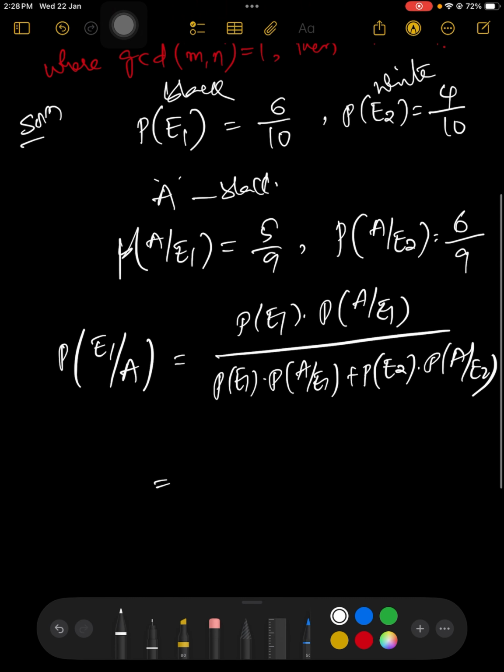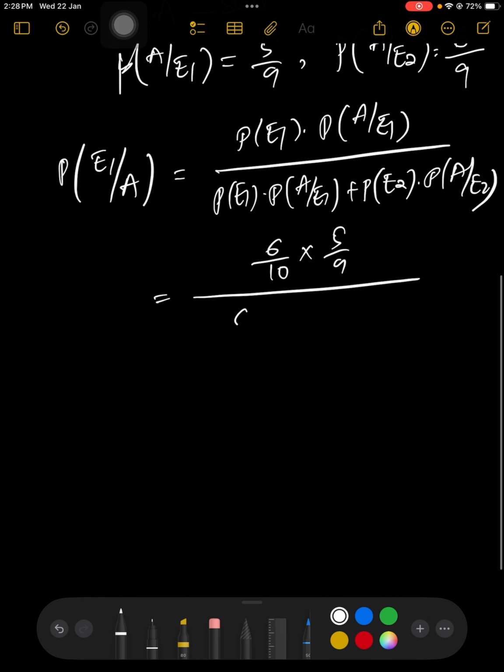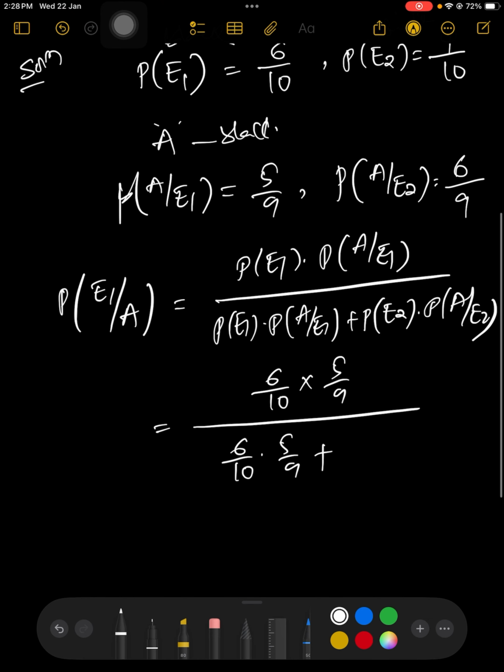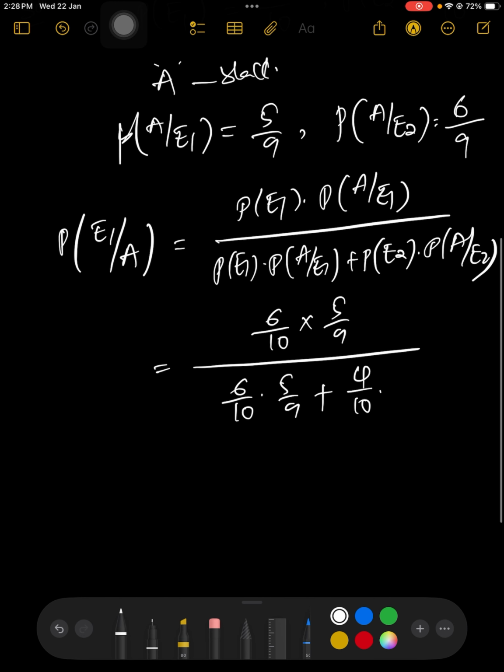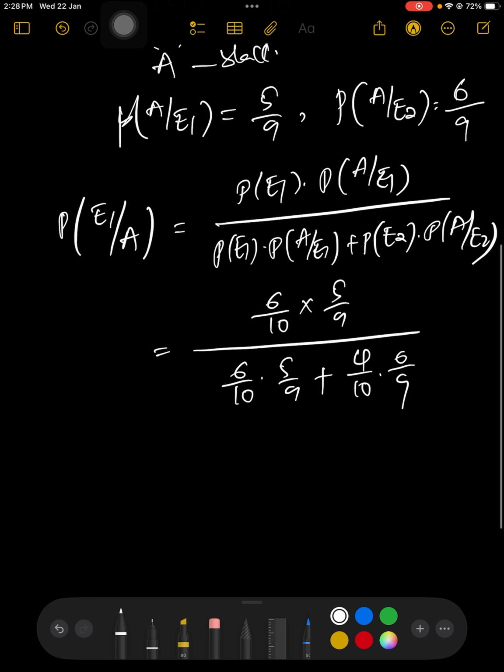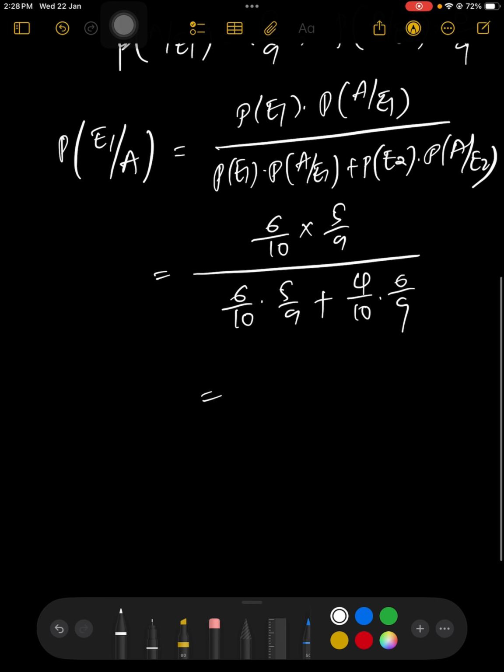Then P of E1, that is 6 by 10 into 5 by 9 divided by 6 by 10 into 5 by 9 plus 4 by 10 into 6 by 9. So the 10 into 9 will get cancelled in the numerator and denominator. 30 by 30 plus 24, which is nothing but 54, right?